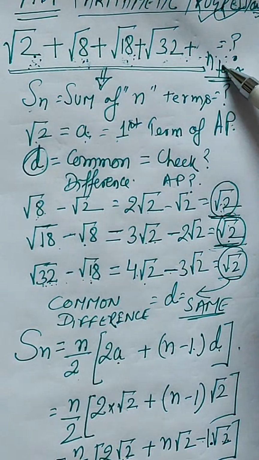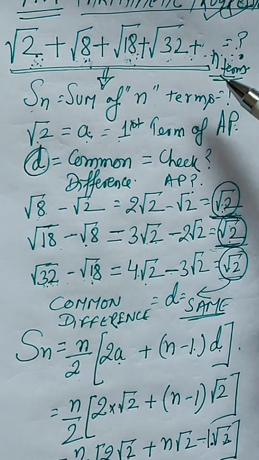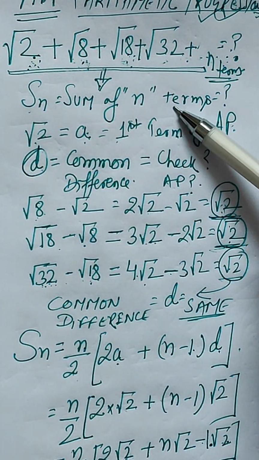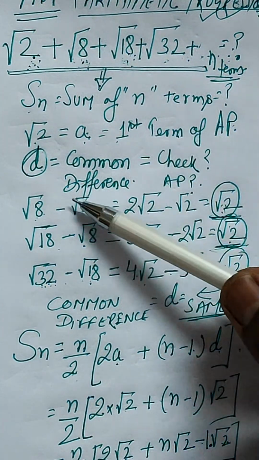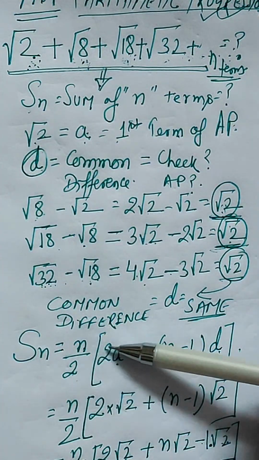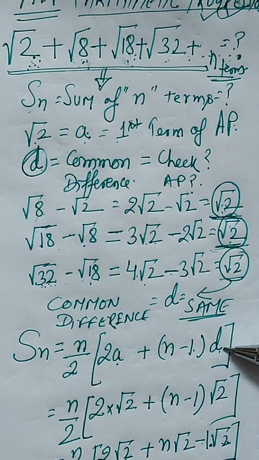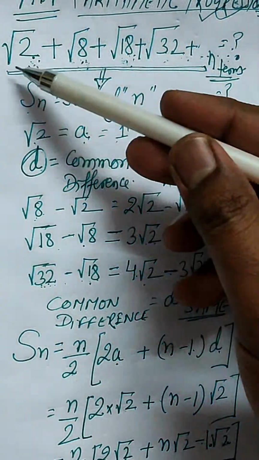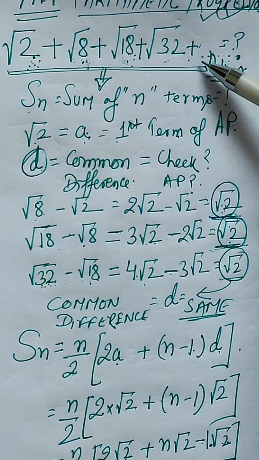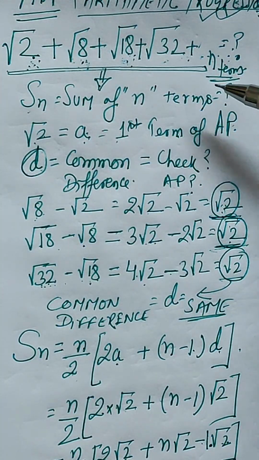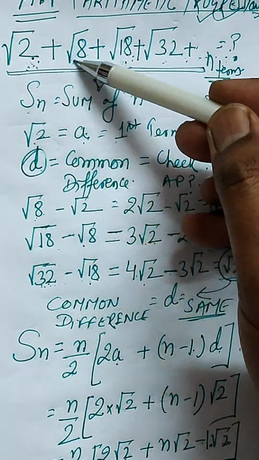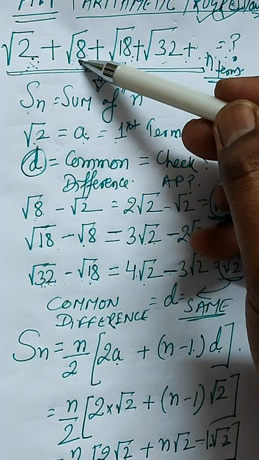So to solve this, quickly recapping the steps: the sum of n terms of any AP is given as n by 2 into 2a plus n minus 1 into d, where d is the common difference, but we do not know whether the given series is an AP or not. So to verify that, we found the common difference between two successive terms, root 2 and root 8.